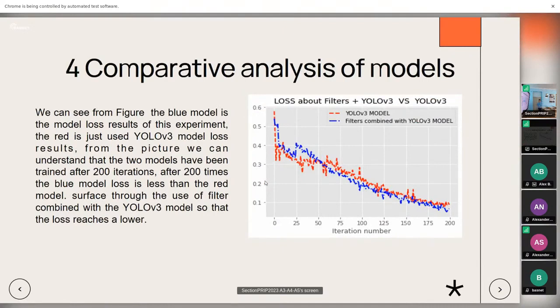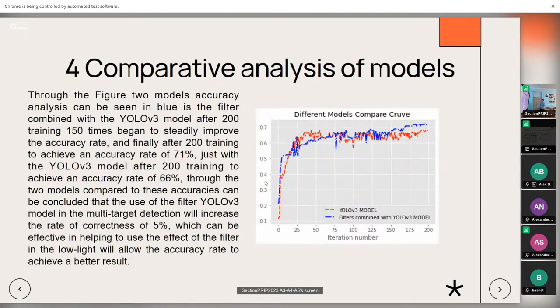Okay. There is some comparative analysis of models. The blue lines are filters compared with the low-light models. We can look at the comparison of low-light and those more low just after 200 periods. But very important is comparability.